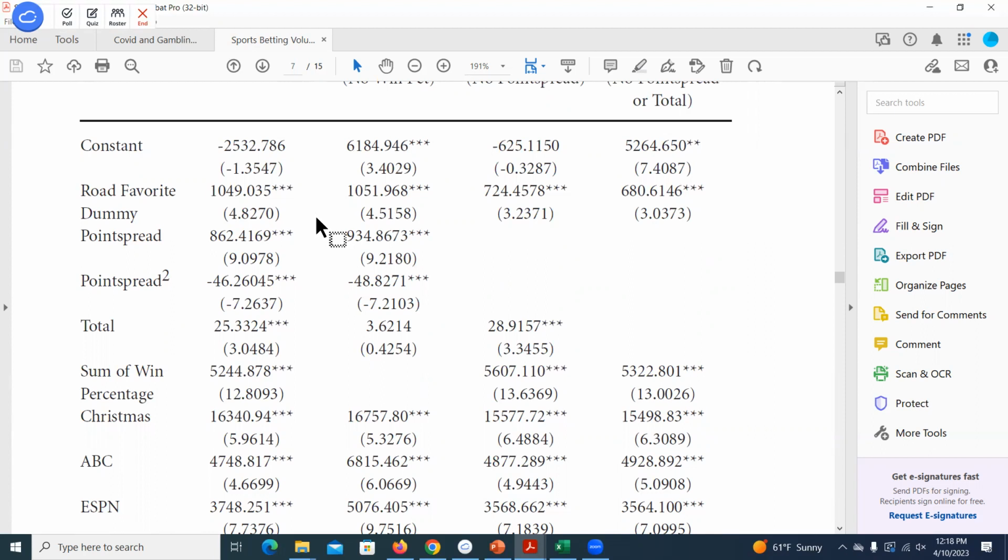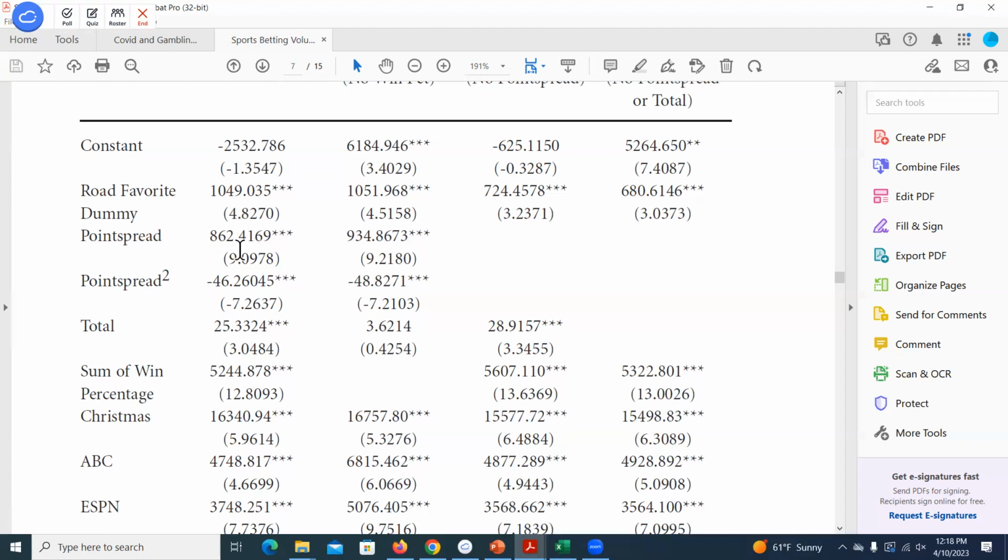If we look at whether or not the team was a road favorite, we see that for whatever reason, the general public likes to put a lot more money on road favorites, right? We also see that there's a quadratic relationship to point spread. Not to get too in the weeds, but we've got a positive sign on our first linear value and then a negative sign.